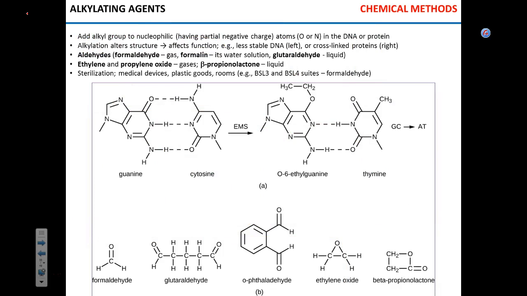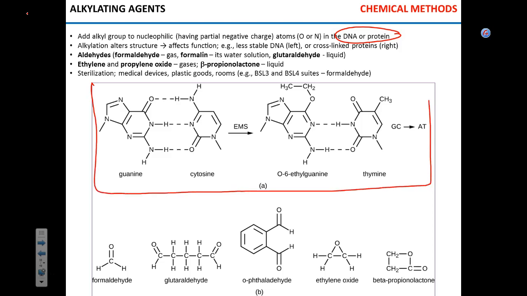Now, the last chemical methods, after which we're going to take a break, alkylating agents. So that fancy word, alkylating agents, means that these chemicals chemically modify DNA or protein. For instance, here, in this reaction, you can see that the guanine base is chemically modified into ethylguanine.